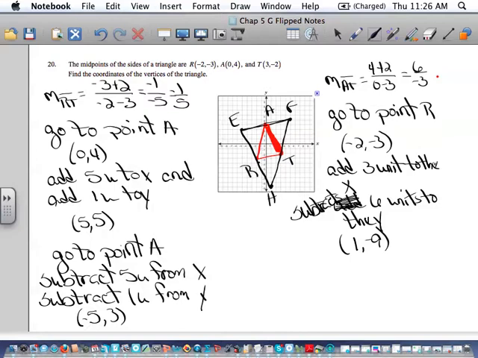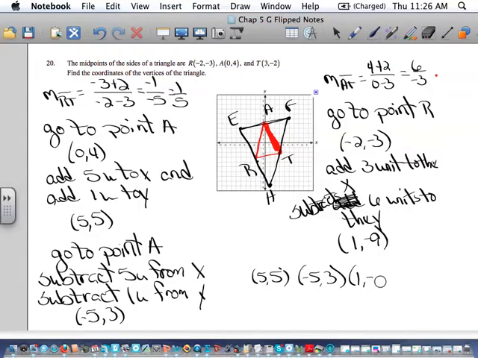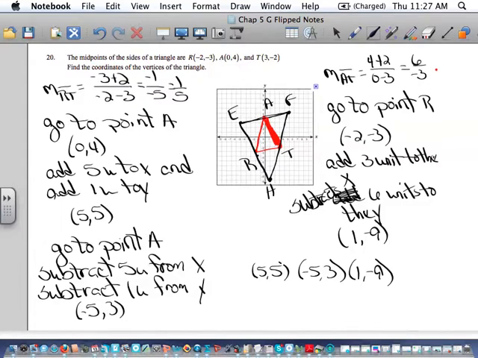So the coordinates of E, F, and H are going to be at 5, 5, -5, 3, and 1, -9. And that's a difficult problem. You're just using the slope and applying the principle that that mid-segment is parallel to and half the length of the third side. Okay, let's go on to the last problem.